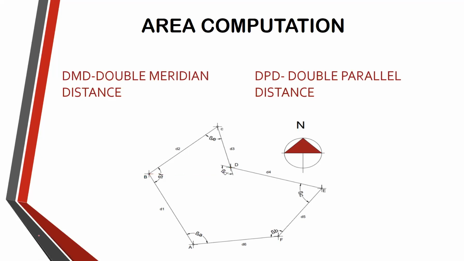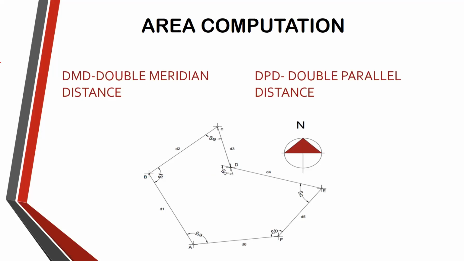And with this, meron akong i-introduce sa inyo ng bagong method. I think this is new to you, a method in computing an area of a closed traverse. So meron tayong DMD, or the double meridian distance, and next meron tayong tinatawag na DPD, or the double parallel distance.